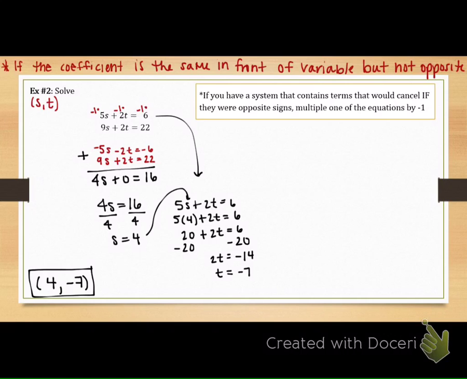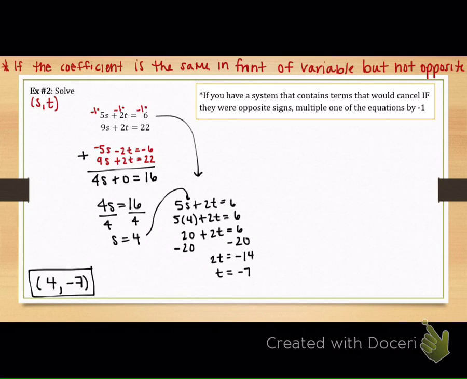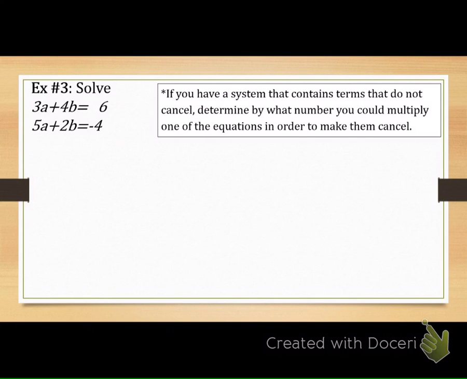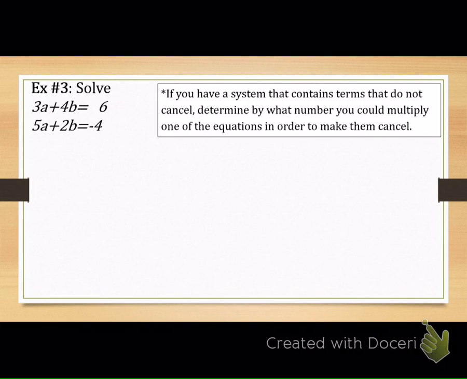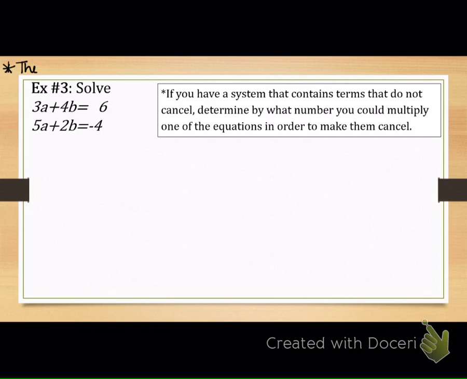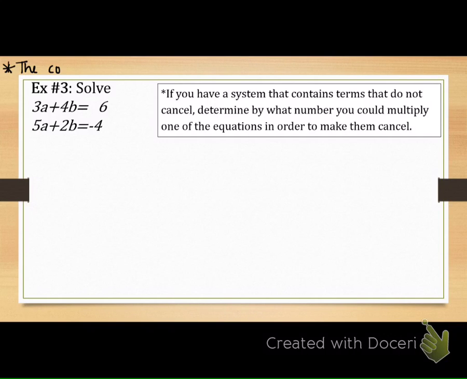All right, so the next one is, does anybody need me to go back? Are we good? Okay. In this case, the coefficient isn't the same at all. Coefficients in front of the variables are not the same at all.